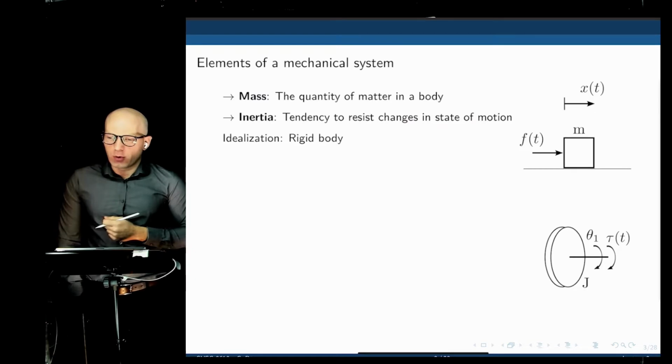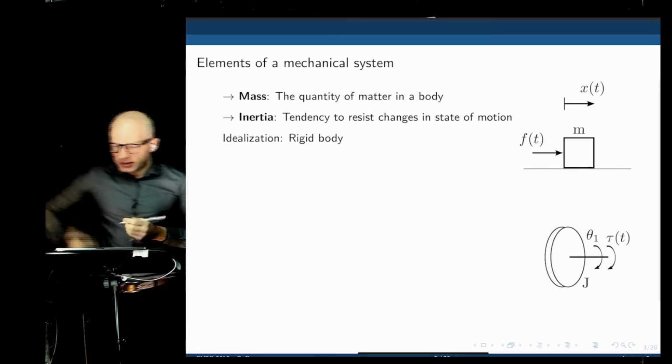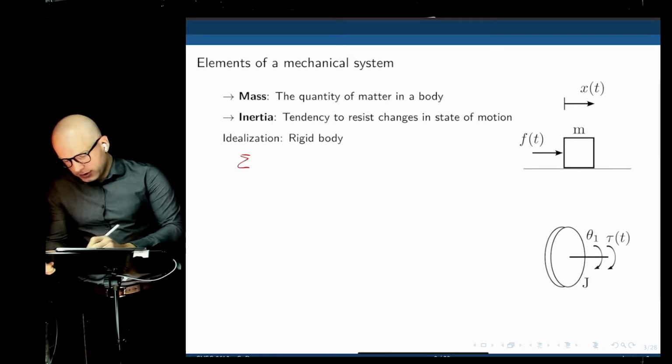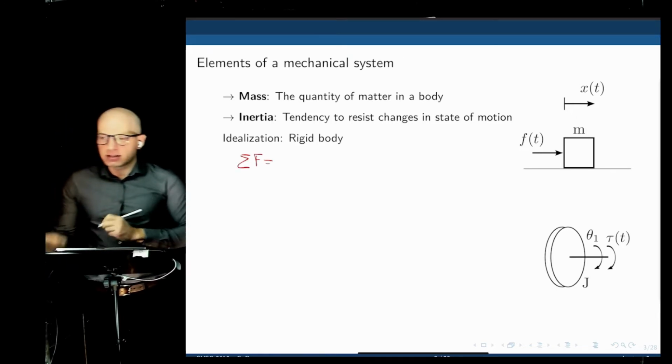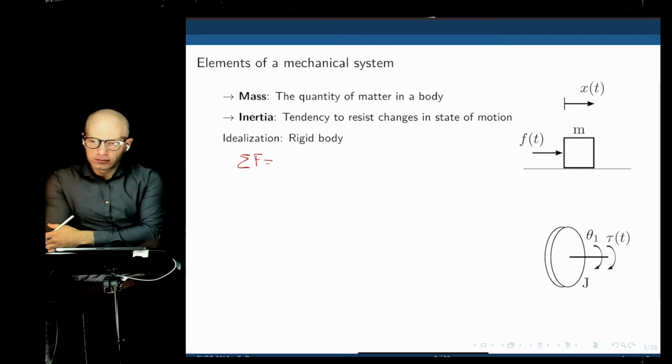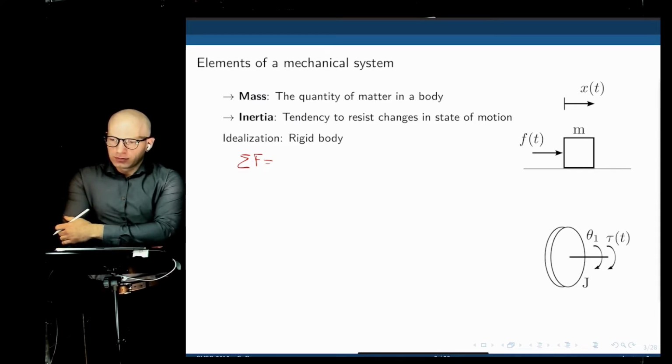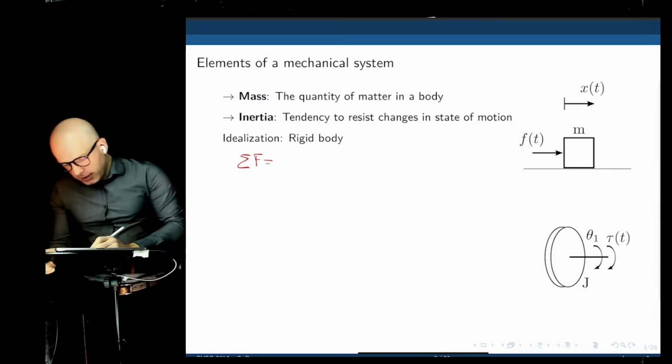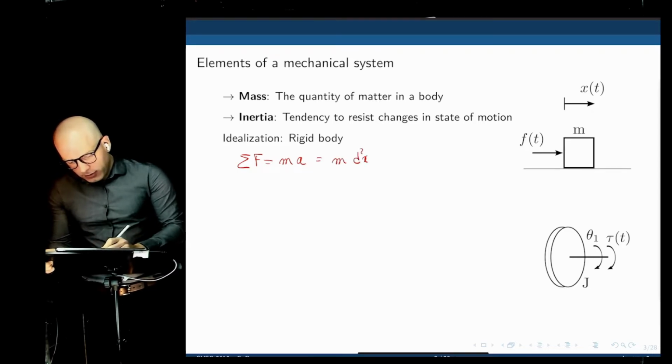How can we equate them? We can say that the sum of all forces acting on that mass is equal to? Mass times acceleration. Very good. Mass times acceleration, which is the same as mass times the second derivative of the displacement with respect to time.